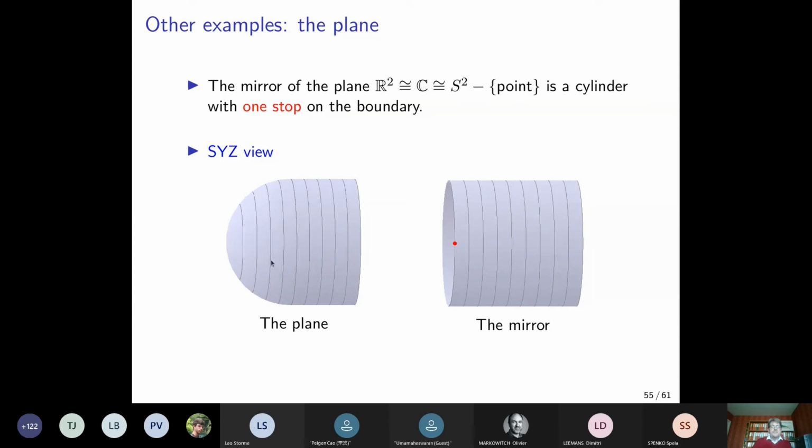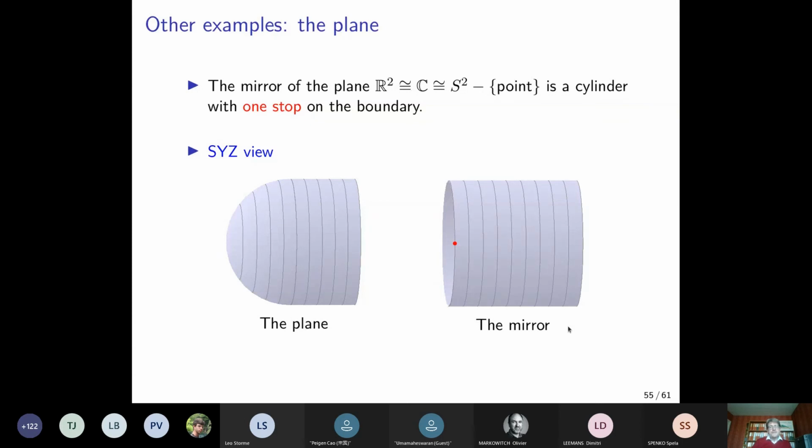Now it turns out that the mirror of the plane, and on the left there's maybe a bit of a strange picture of a plane, but you should think of this side as sort of going off to infinity. And maybe I should have feathered this a little bit to make that clear. But with some imagination, if you view this as going off to infinity, then you can flatten it, spread it out so that it becomes a plane. So this is my picture of the plane.